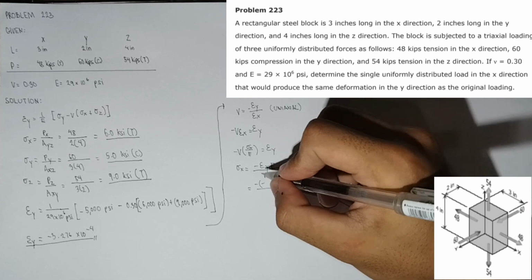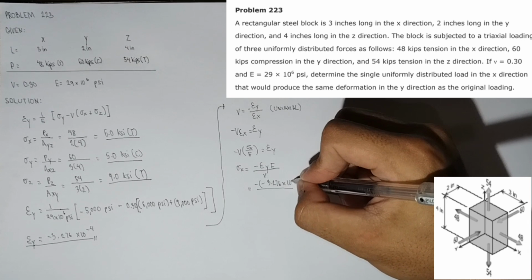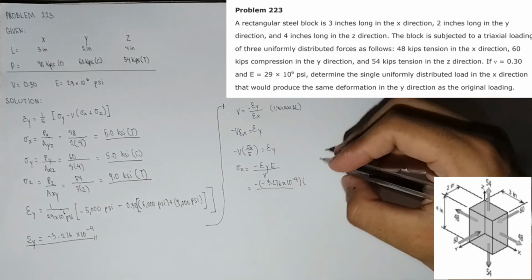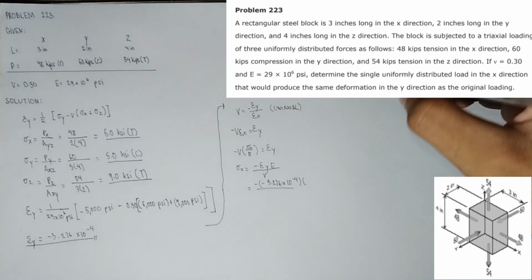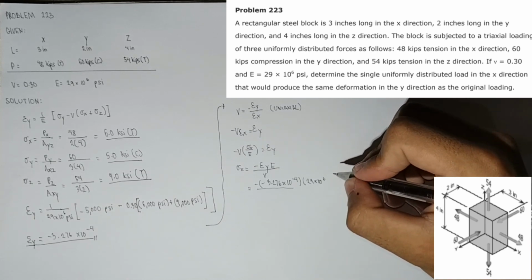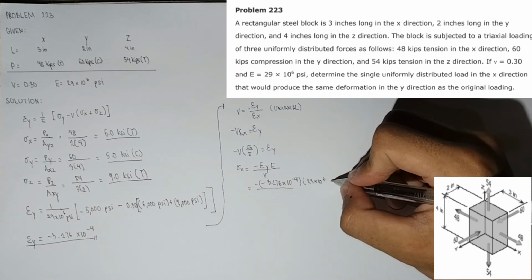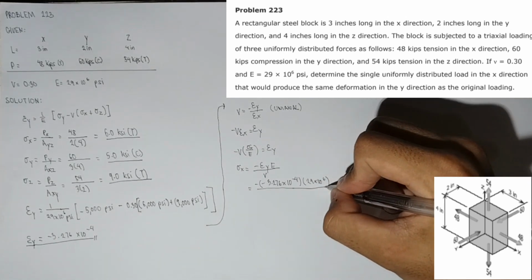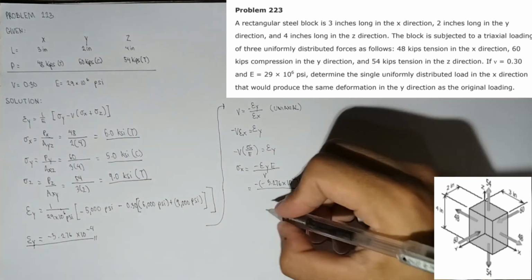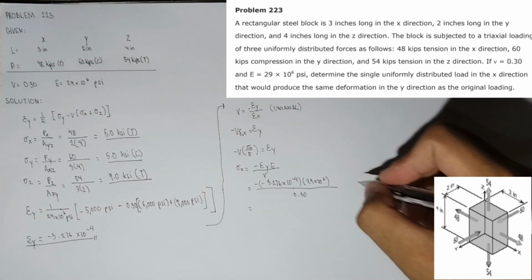So our strain in y would be negative 3.276 times 10 raised to negative 4, multiplied by the modulus of elasticity, which is 29 times 10 raised to 6, over Poisson's ratio, which is 0.30. Now, let's solve this in the calculator.